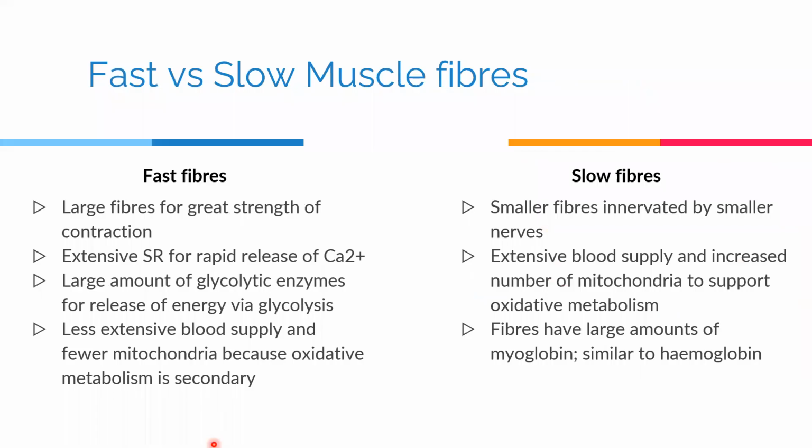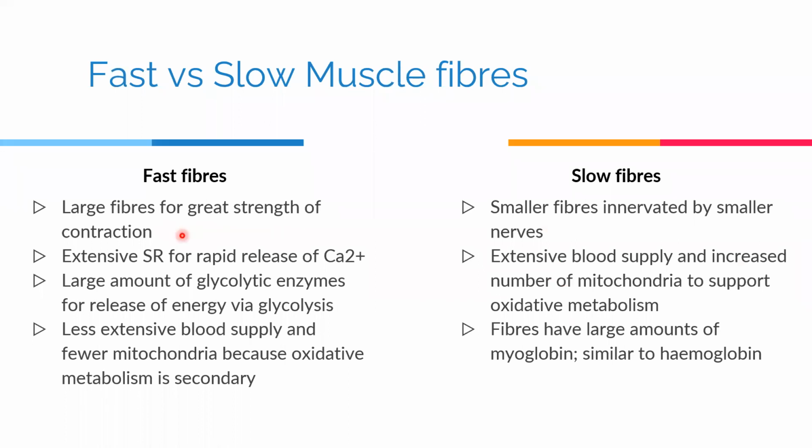Next, we move into fast versus slow muscle fibers. So there are two types of skeletal muscle fibers: the fast fibers and slow fibers. There are a lot of differences between them that we will look into right now. Fast fibers are large fibers which are required for great strength of muscles.